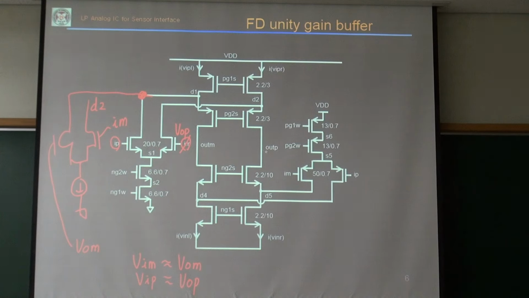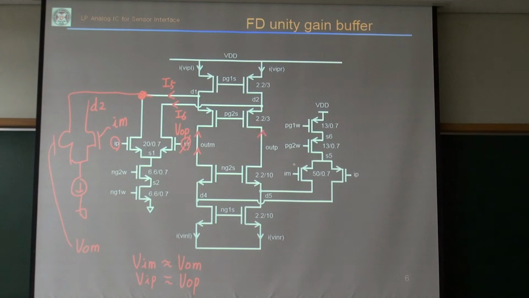So here our P is there. We just calculate this is I5, I6, right? Then this I5 flows through here, that's I5, right? How about this thing? I6, right? Where's I6?